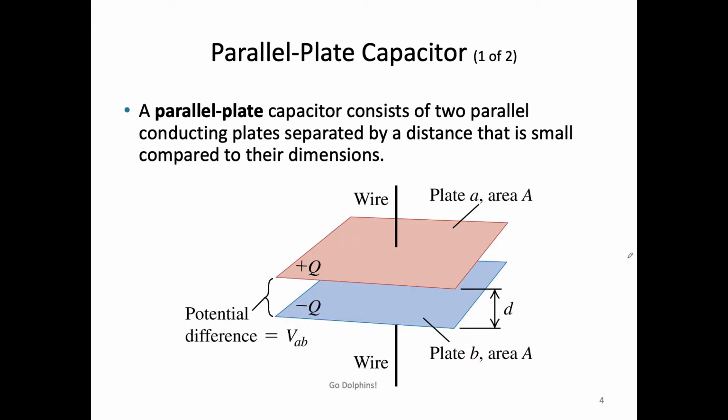So let's study the parallel plate capacitor. You have two metal parallel plates. Each plate has area A and they are separated by distance D. What would be the capacitance of this parallel plate capacitor?